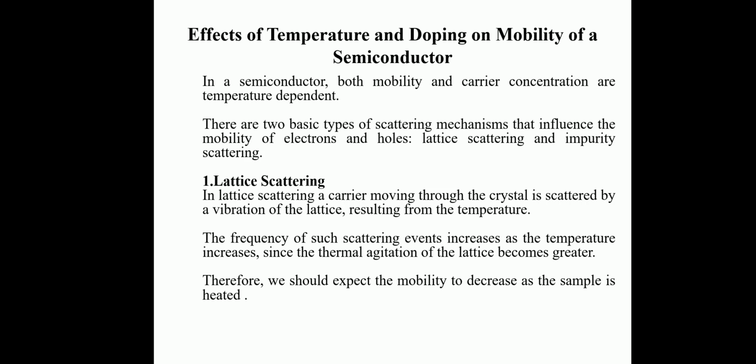As we increase the temperature, lattice scattering will increase. If the electron is scattered, its mobility decreases. The electron moves with a particular velocity, the drift velocity under the electric field, and if scattering occurs, its velocity or mobility decreases.